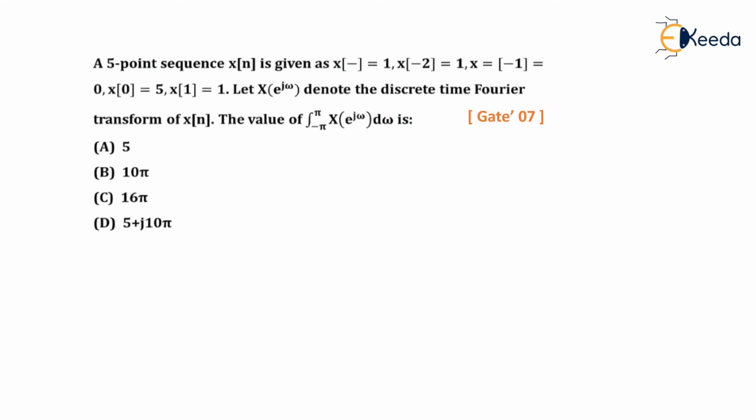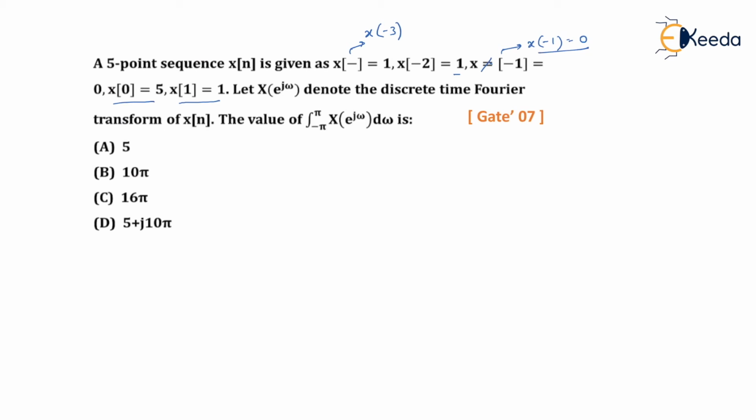A 5-point sequence x of n is given as, so you can read this as x of minus 3 equal to 1, x of minus 2 equal to 1, then x of minus 1 equal to 0. This equal sign shouldn't be there. Please treat this as x of minus 1, which is equal to 0. x of 0 is given, x of 1 is given, that's it.